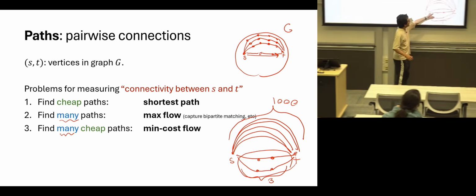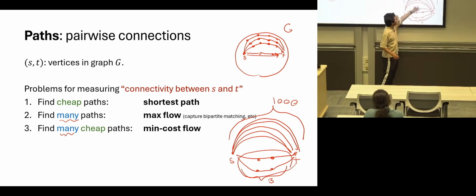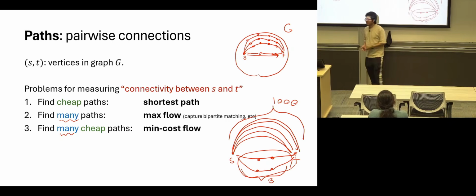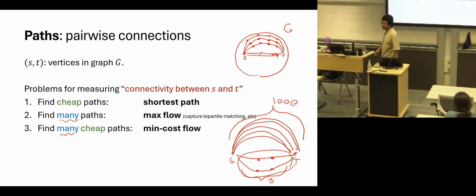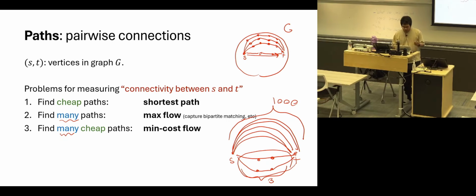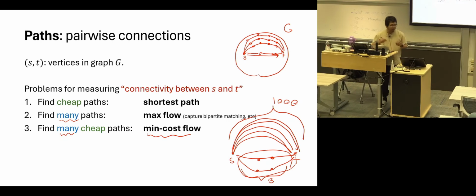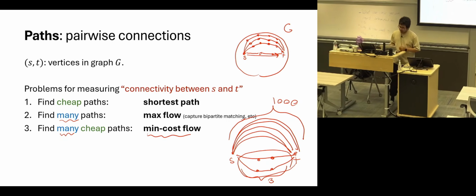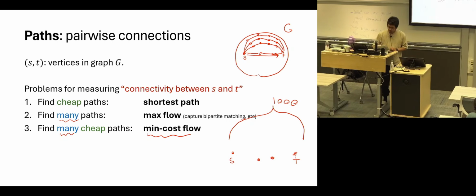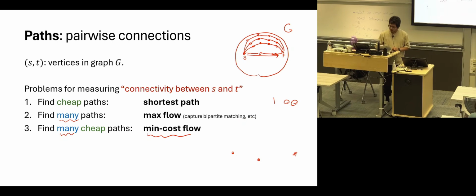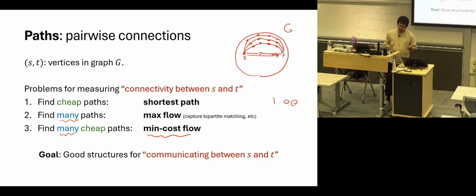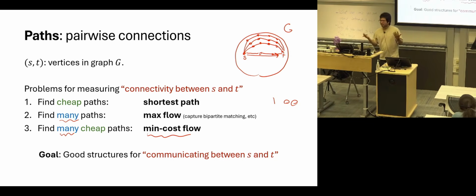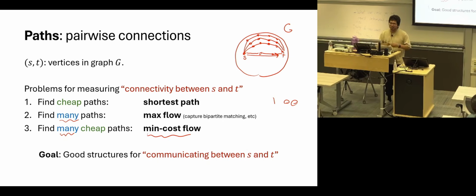There are many of them, not as many as here, but it's cheaper. That corresponds to the min cost flow problem, which is another really important problem in graph algorithms. In general, this is the question you ask to find good structure where S and T can communicate well, whether with a cheap path, or many paths, or many cheap paths.